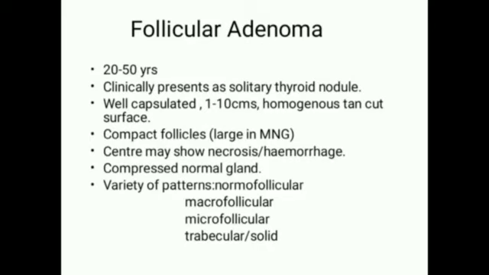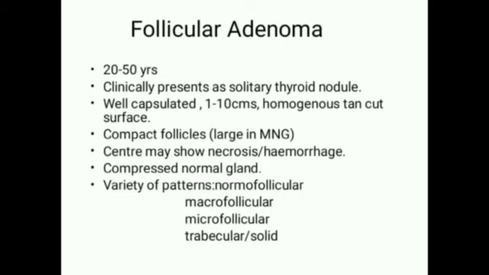Follicular adenoma, it will be 20 to 50 years of age. Clinically they have a solitary thyroid nodule. It will be well capsulated, around 1 to 10 centimeters in size, and the gross is a homogeneous tan cut surface. Okay, and it will be just like a large multinodular goiter.